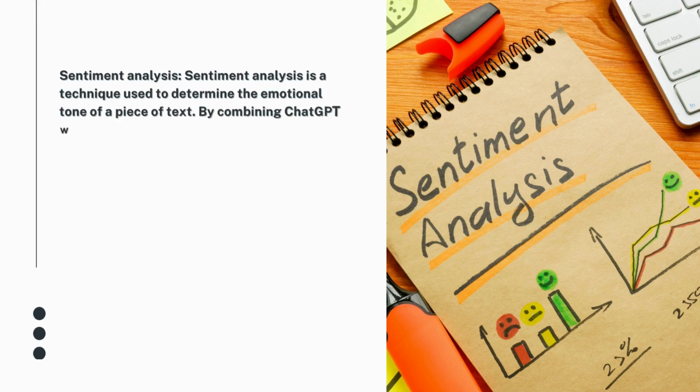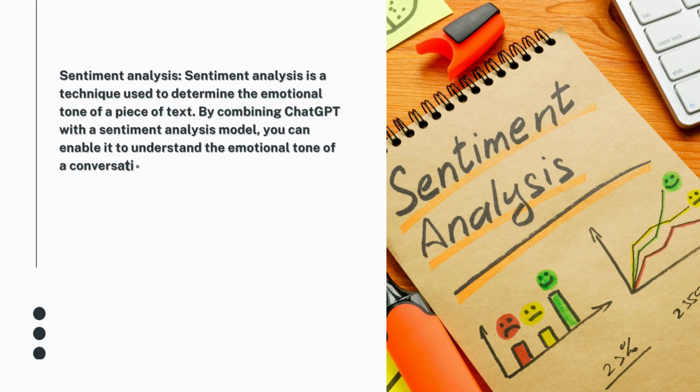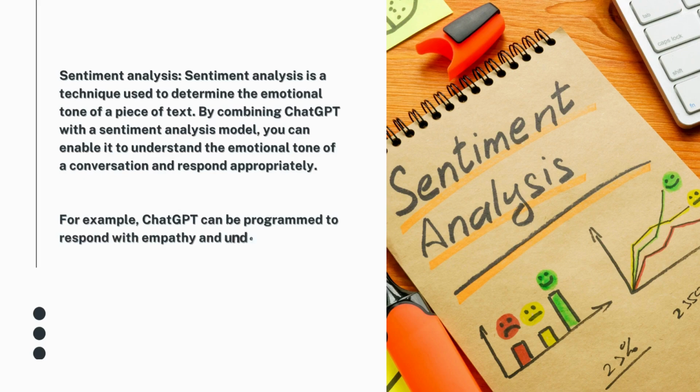By combining ChatGPT with a sentiment analysis model, you can enable it to understand the emotional tone of a conversation and respond appropriately. For example, ChatGPT can be programmed to respond with empathy and understanding if a customer expresses frustration in a customer service chat.